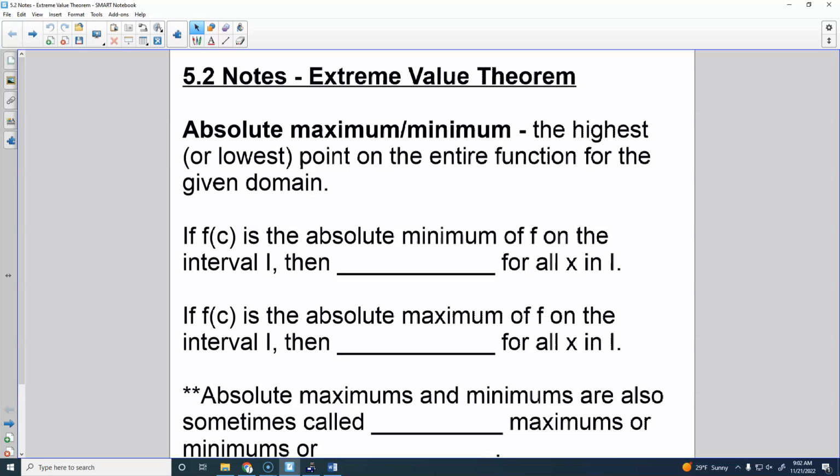Okay? So, if f of c is the absolute minimum of f on the interval I, then we're going to say that f of c is less than or equal to f of x for all x in I.